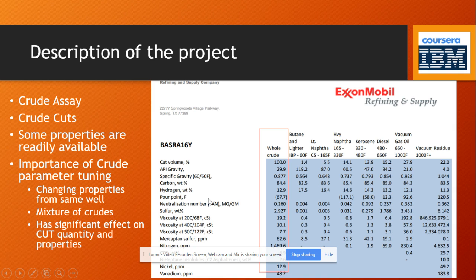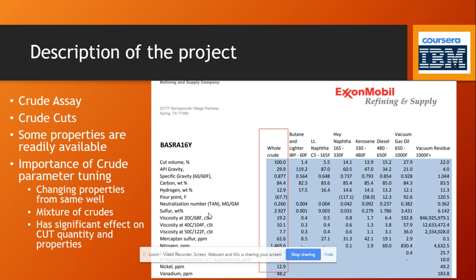So as a refiner, if you can give me all these 1,000 properties, then I will be able to tune my refinery to perfection, so that I can optimize what quantity of vacuum gas oil I can extract, what amount of diesel I can extract. All that will be under my control. The problem is that when I start the refining process, I do not have all the set of parameters.